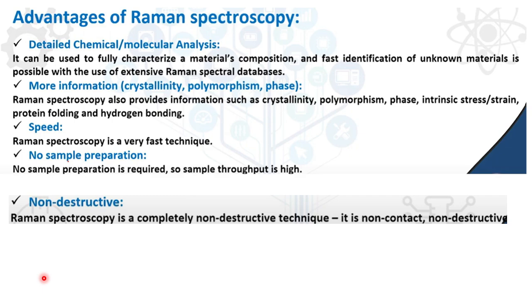So Raman spectroscopy provides information such as crystallinity, intrinsic stress or strain, protein folding and hydrogen bonding. Raman is very fast, and also you don't need to prepare your sample in a specific manner. So sample preparation is very easy, and a very important thing is it is non-destructive. So if you put your sample, you can use your sample again without any problem. And also it is not in contact with any other type of substrate material.